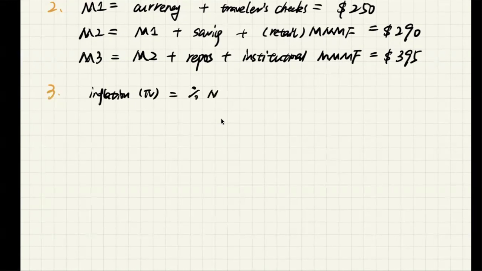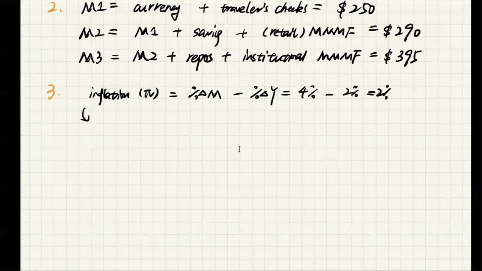This is the percentage change of money, so here it could be the M1, M2, M3, minus the percentage change of the real output. So here, the percentage delta M is 4%, and the percentage delta Y is 2%. So here, you can get the inflation rate is 2%.